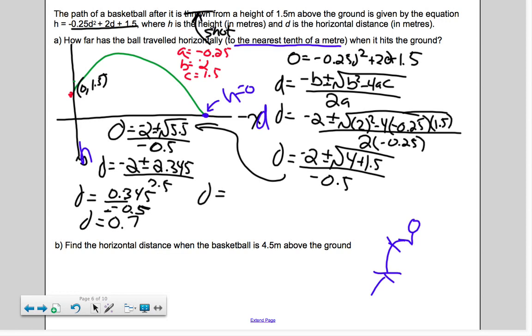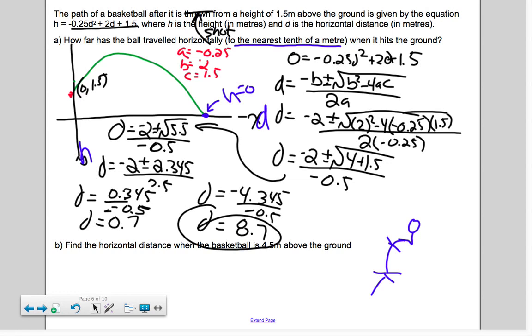Negative 2 minus 2.345 gives me negative 4.345 divided by negative 0.5. So that gives me a positive 8.7 roughly. So here we go again, using the quadratic equation, a positive and a negative answer. In this case, we want the positive answer because he's shooting it ahead of him, not shooting it backwards, right?